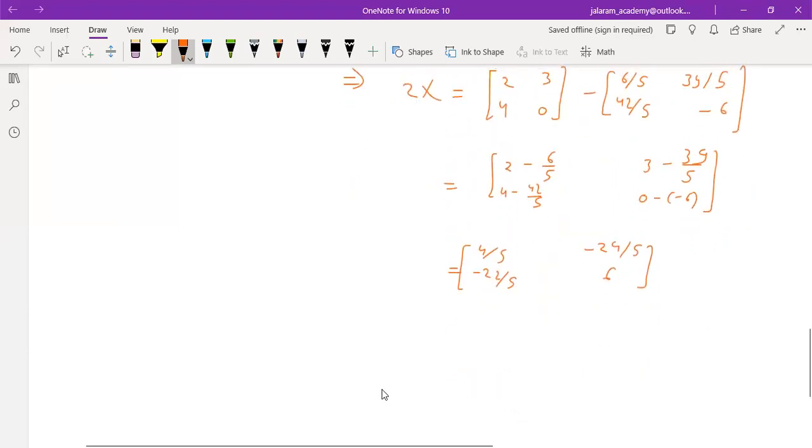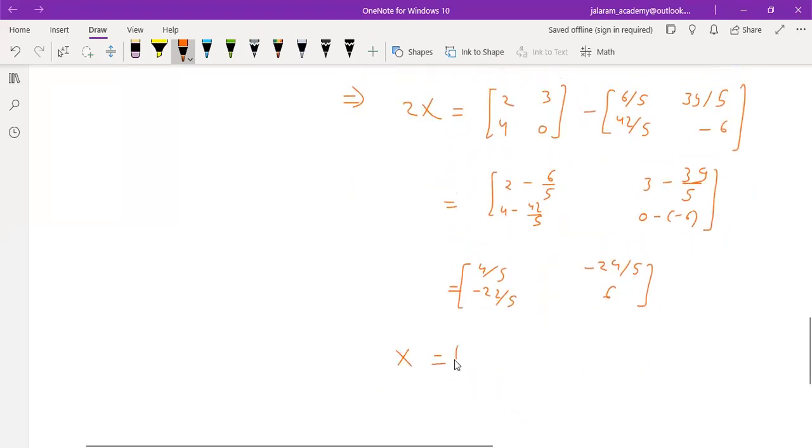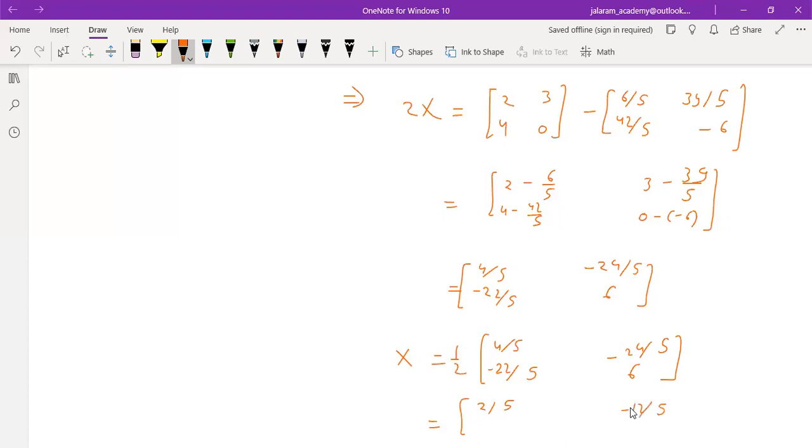And now if we find x, it is equal to half into 4 by 5, minus 24 by 5, minus 22 by 5, 6. Multiply all the elements by half. 4 by 5 into half, 2 will be cancelled out, 2 by 5, minus 12 by 5, minus 11 by 5, and 3.